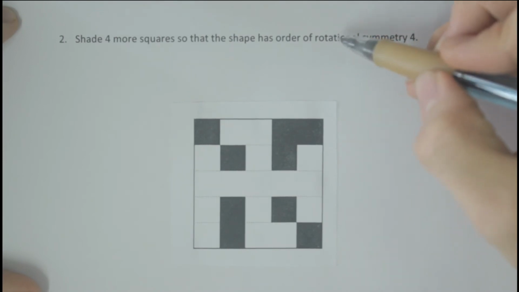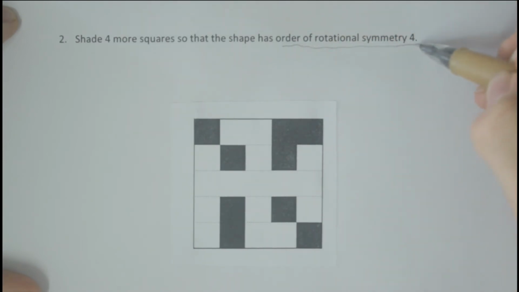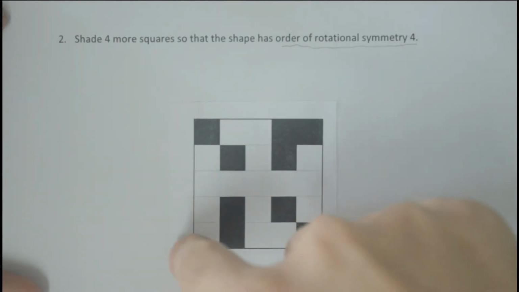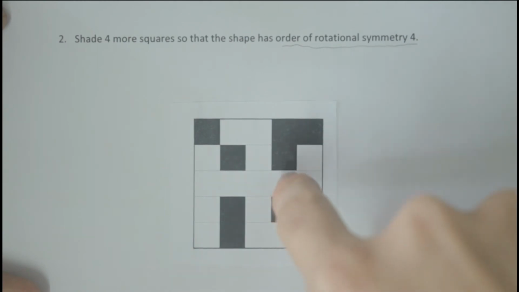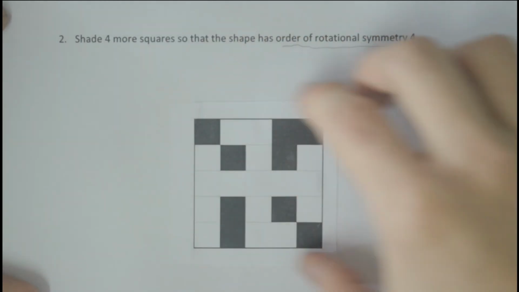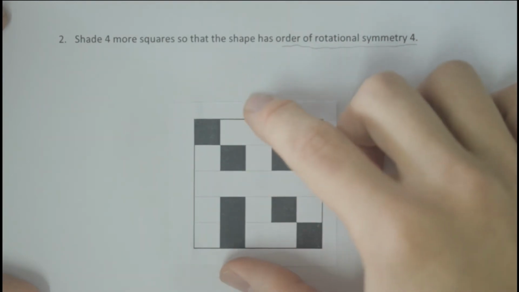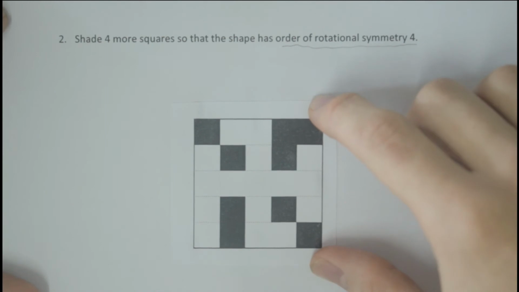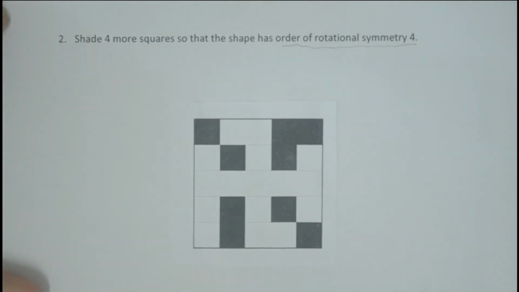As intended here, for an order of rotational symmetry 4, you will have to rotate it in a full circle where the shape has 4 exact same outlines. Now, if it's just looking at like this, it is a little bit difficult to identify which 4. So for this question, you'll have to use a tracing paper.